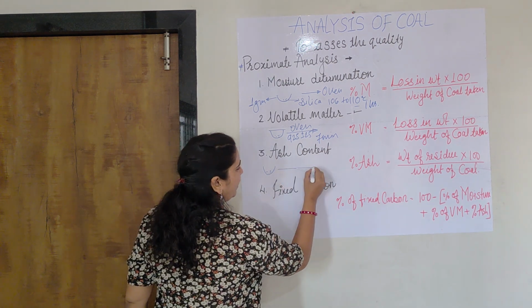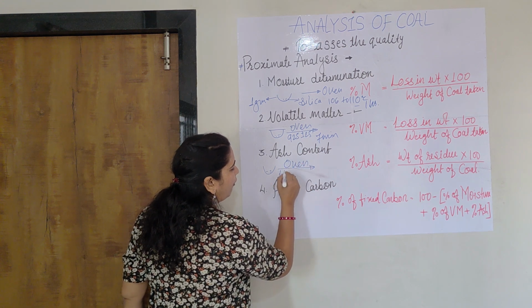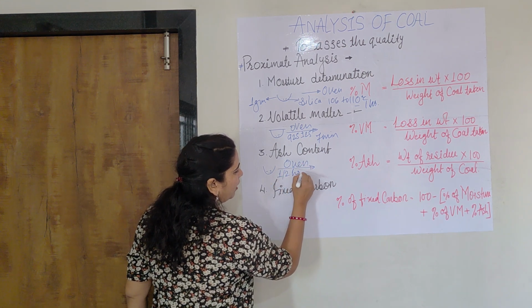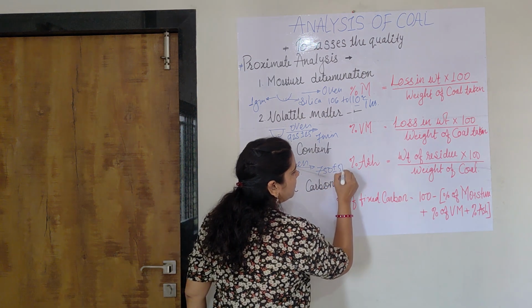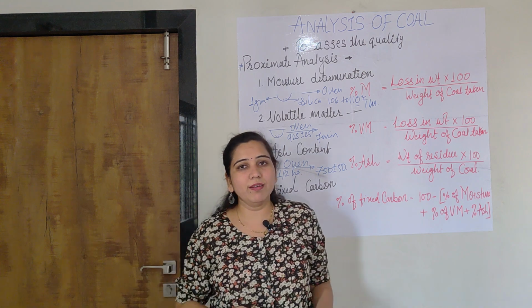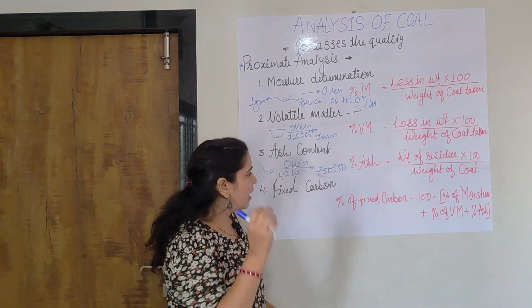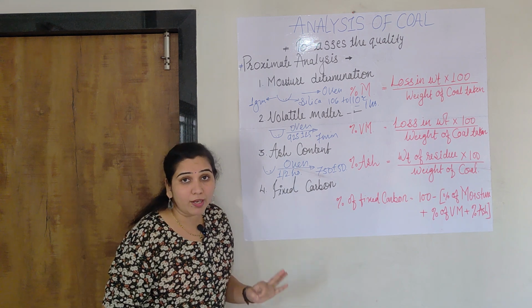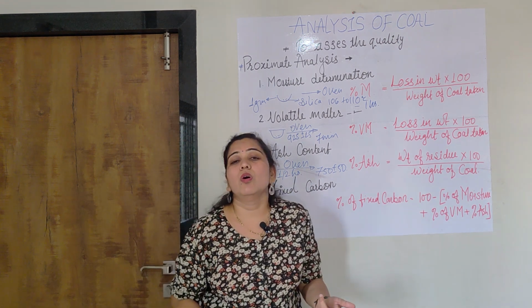It is to be fed to the oven for half an hour, and here the temperature is 750 plus or minus 50 degrees Celsius, meaning from 700 to 800. This temperature will be required for the burning process, and the time is just half an hour, 30 minutes, that it must be put into the oven.